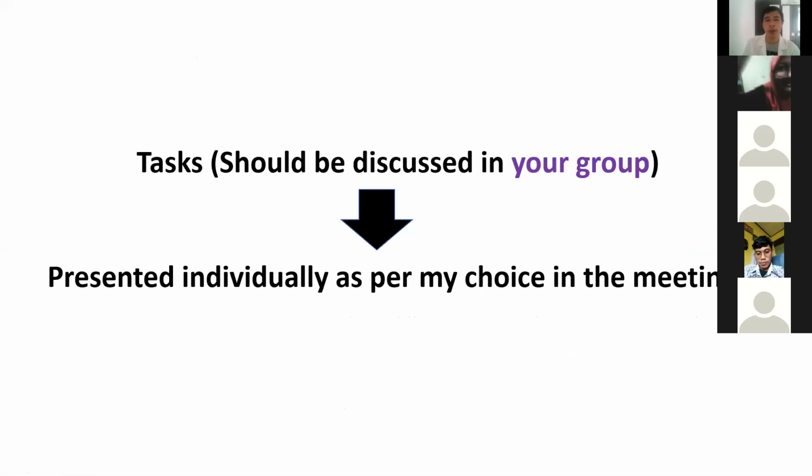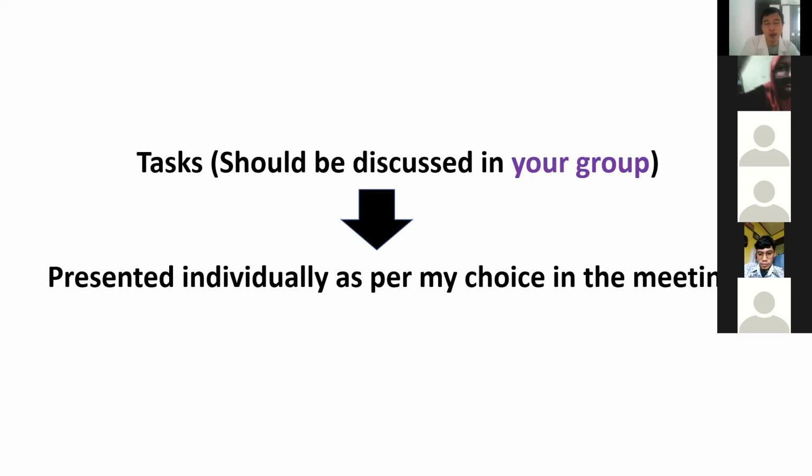Related to our talks, I will separate you into different groups later based on your names on the list. Then you will work in your groups to answer the questions. Starting from next week, I will randomly choose you to present the results of your discussions with your friends. This means you will present your answers individually, as per my choice in the meeting.